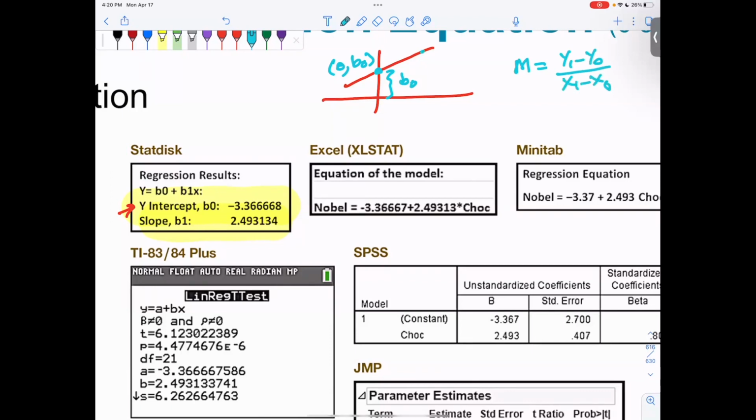So if you take any 2 points in the straight line, this one will be x1, y1, and the other one will be x0 and y0. If you take y1 minus y0 divided by x1 minus x0, you will get the value of the slope. Okay.